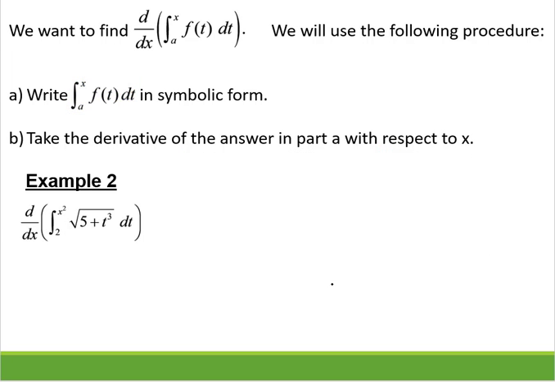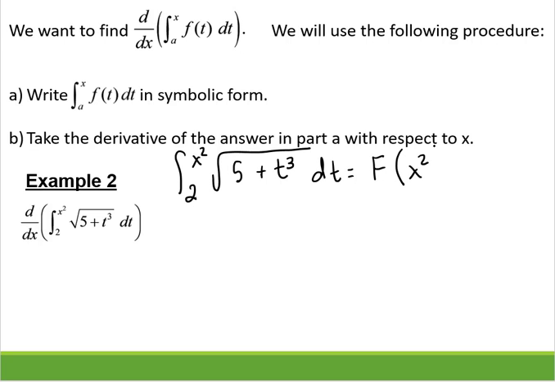Again, doing the same thing, okay? So writing this thing. Notice now how I have a function up there. I say that this is equal to big F of x squared minus big F of 2. Now I take the derivative of both sides.